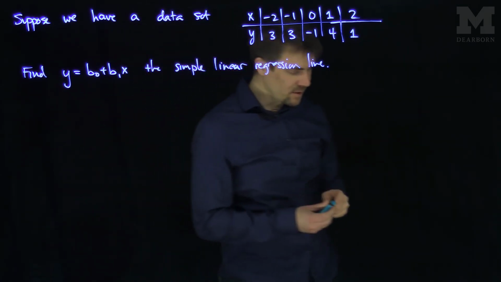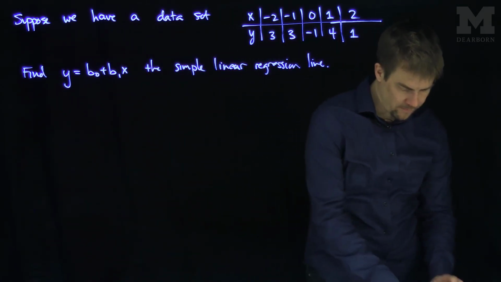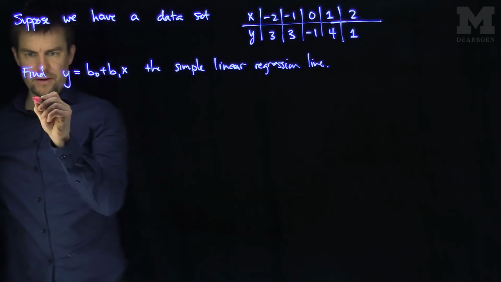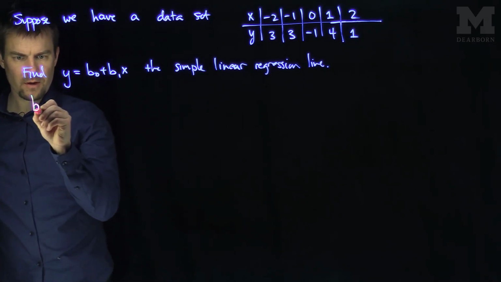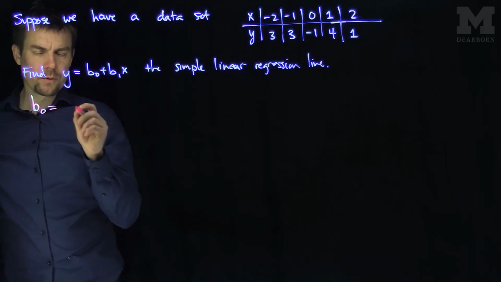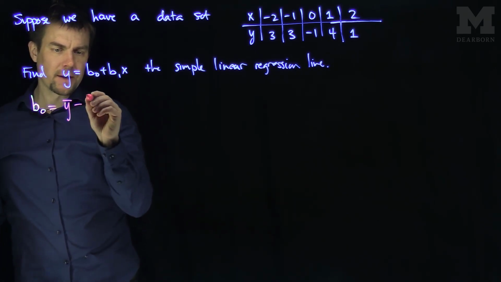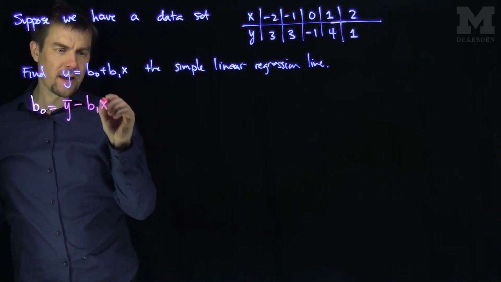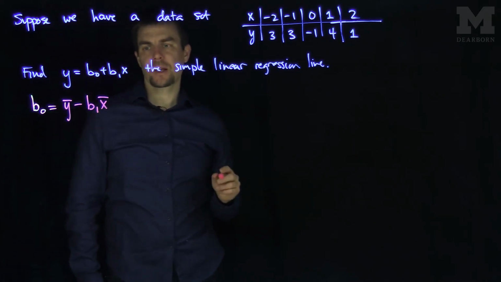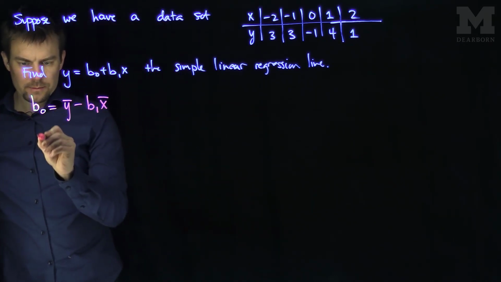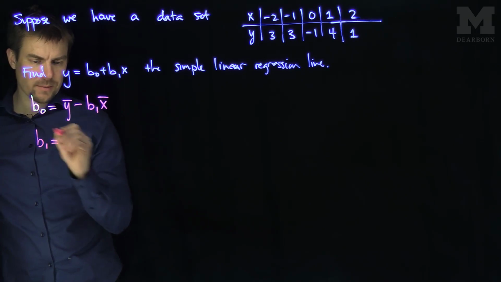So we recall the estimates for b0 and b1. The b0 estimate is defined in terms of b1. So we have b0 is equal to y bar, the average of the y's, minus b1 times the average of the x's. And we have that b1 is the slope estimate.